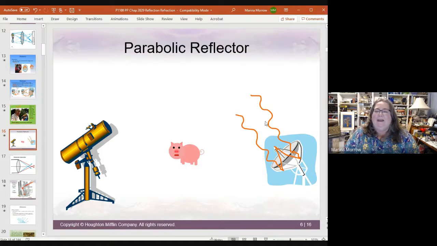Parallel beams of light come in and they are gathered and they focus at one point.